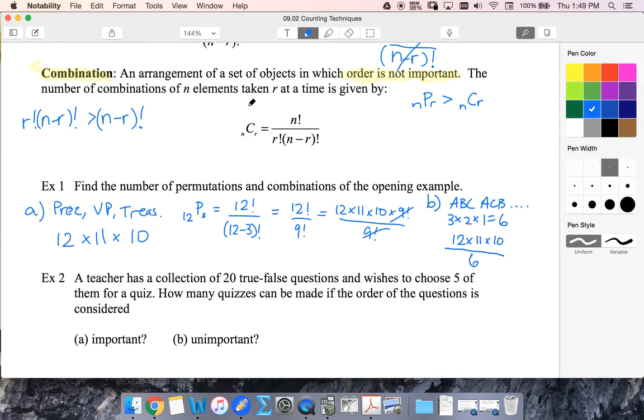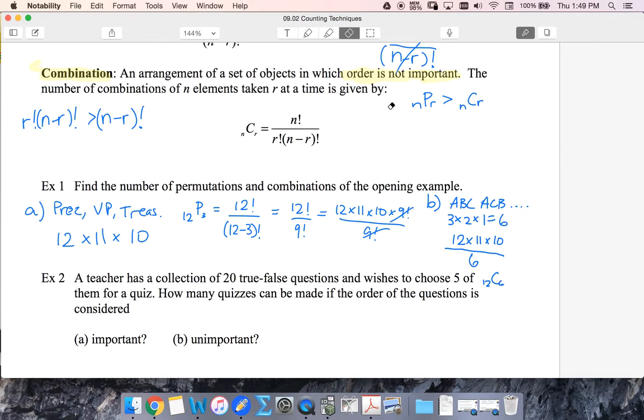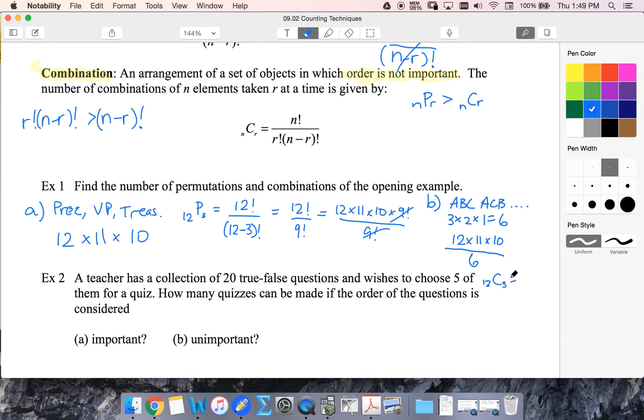So let's compare that to the formula for n choose r. So we have 12 choose 3, and we're going to get 12 factorial, divided by 3 factorial, times 12 minus 3, which is 9 factorial.